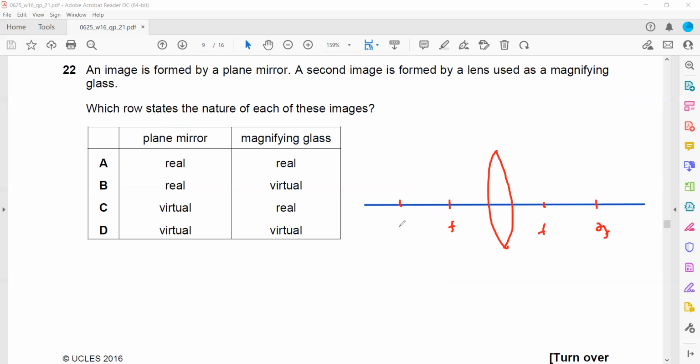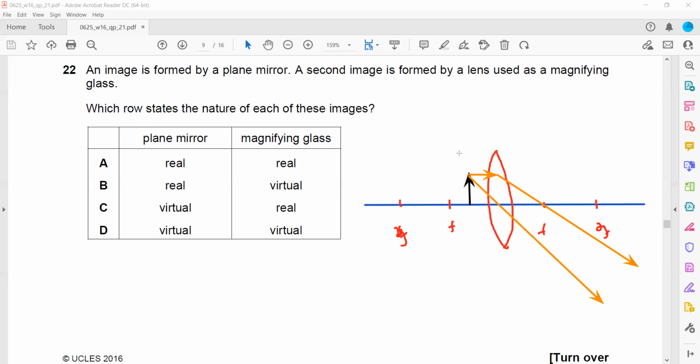When the object is placed between F and the lens, the two light rays coming out from the object, one parallel to the principal axis, will pass through the focus, and the other one through the center of the lens will pass straight. So these two light rays will never intersect.